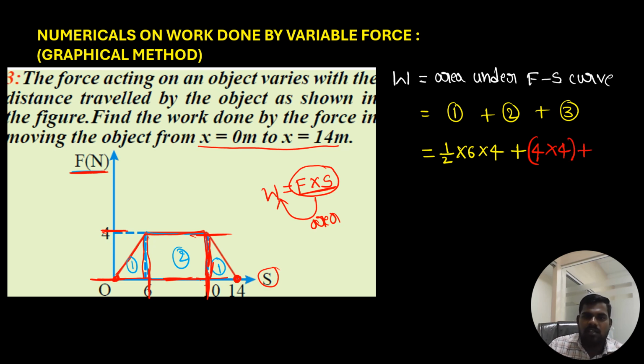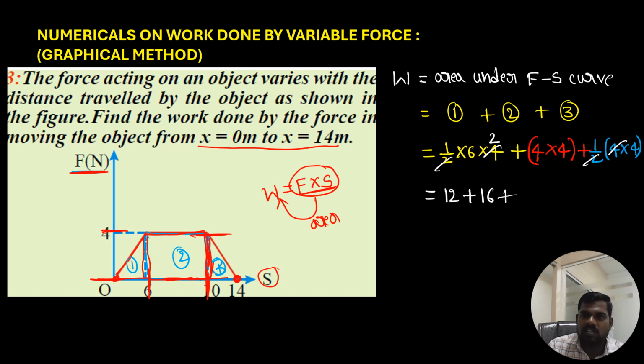Plus the last one is again a triangle. The third one is also a triangle in this case. Again 1 by 2 into base, from 10 to 14, is 4, and height is again 4 only. We can do the calculation. 2 ones are 2, 2 twos are, then 6 into 2 is 12, plus 4 into 4 is 16.